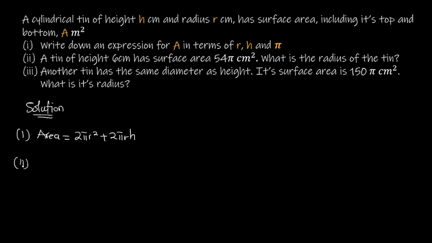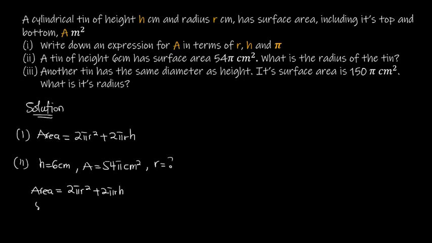Now part II, the tin of height 6 centimeters. So we have height is equal to 6 centimeters, then a surface area of 54 pi centimeters squared. We're asked to find the radius, which we do not know. Alright, so let's go ahead and look at that. Now we know that the area is equal to 2 pi r squared plus 2 pi rh.